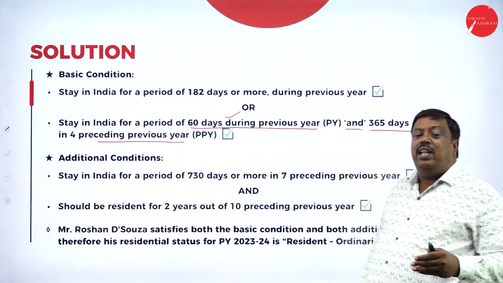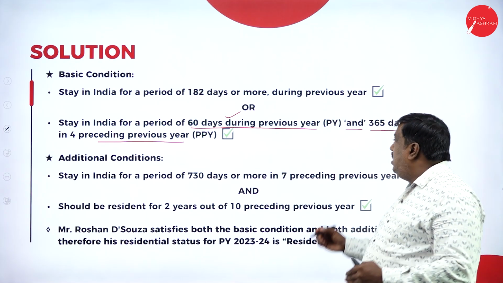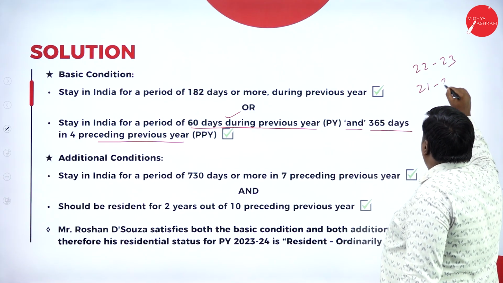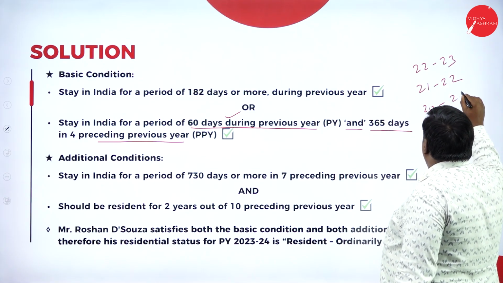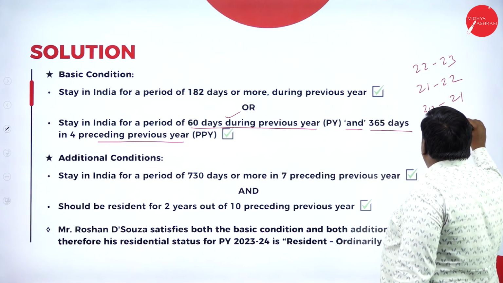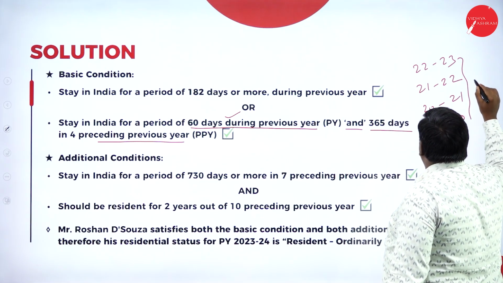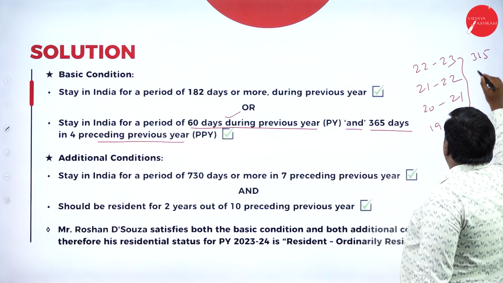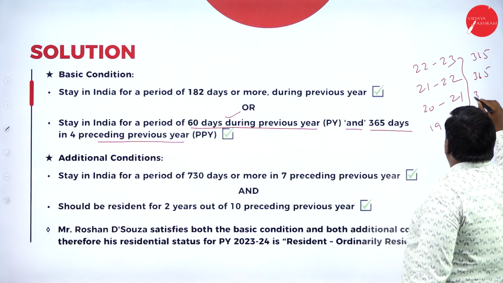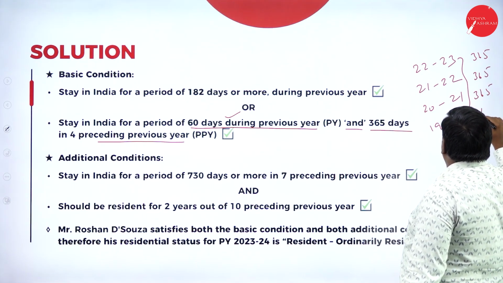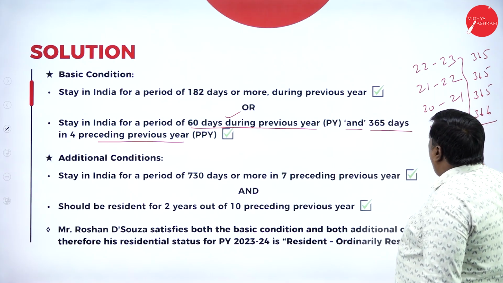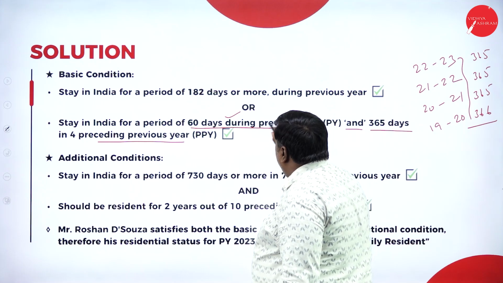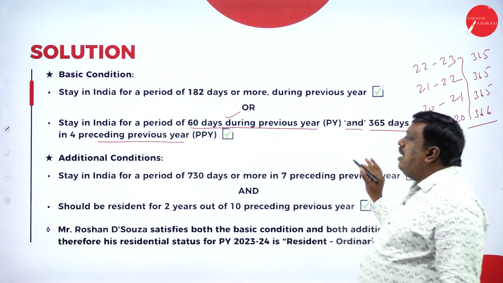I left India only during 2023-24, so in 2022-23, 21-22, 20-21 and 19-20, all these 4 years, I was in India only. So it is 365 days, 365 days, 365 days and 366 days. I was in India for more than the requirement, so I satisfied my remaining part. So I satisfied the second basic condition.